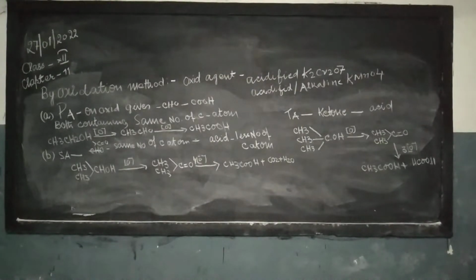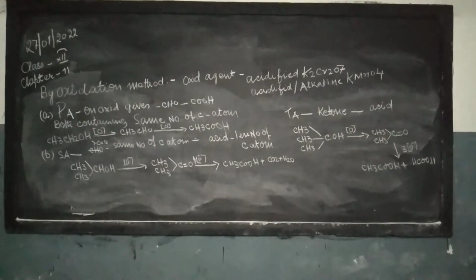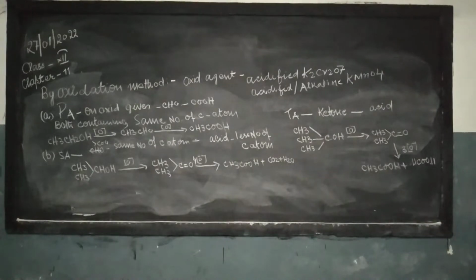So, what is the conclusion? Primary alcohol on oxidation gives first aldehyde, then acid, both containing the same number of carbon atoms as in the original alcohol.